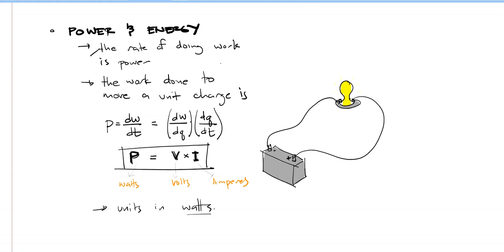Okay, and the work done to move a unit charge is this one, right? So that's the W over dq, or that's the derivative. And then the rate of change of charge per unit time, that's this dq over dt, and that's simply the amperes, and this one is simply the volts.